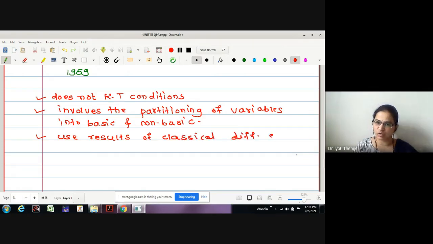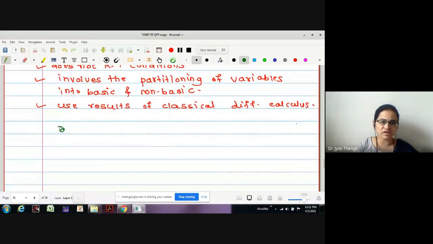Before starting the algorithm, I just want to ask you a question. Whenever a function f is differentiated with respect to a variable x, what we are finding is df by dx. What is the geometrical interpretation of this derivative?